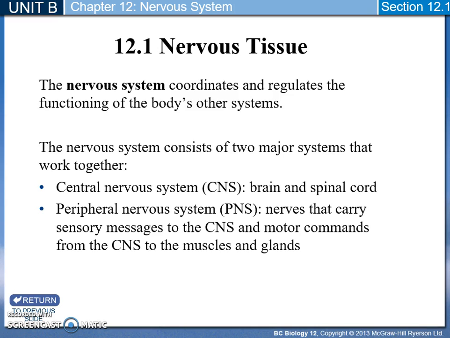We have the central nervous system, which is comprised of the brain and the spinal cord. And then we have the peripheral nervous system, and these are nerves that carry sensory messages to the central nervous system, and we also have nerves that carry motor commands from the central nervous system to the muscles and glands.